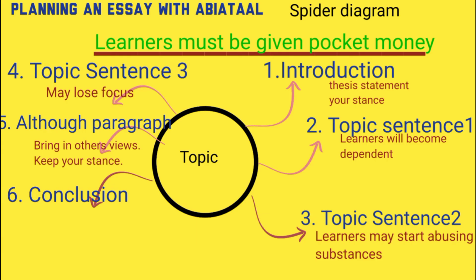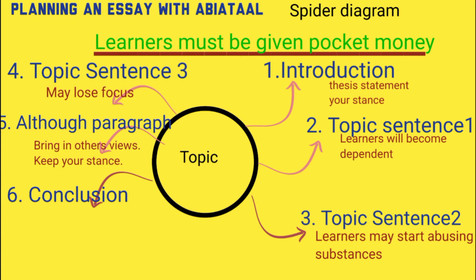So as a writer, it's up to you to introduce your essay so beautifully. For instance, if you are supporting, you can say, I strongly support that learners must be given pocket money. Or if you are a creative writer, you can even say, I do not understand why learners must not be given pocket money.